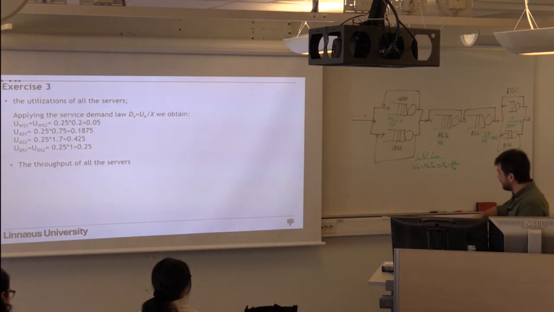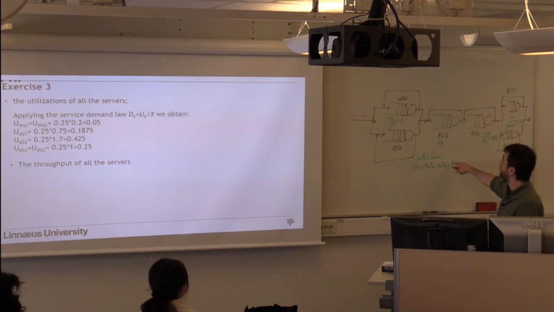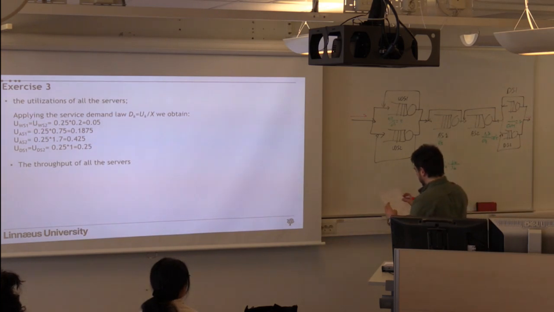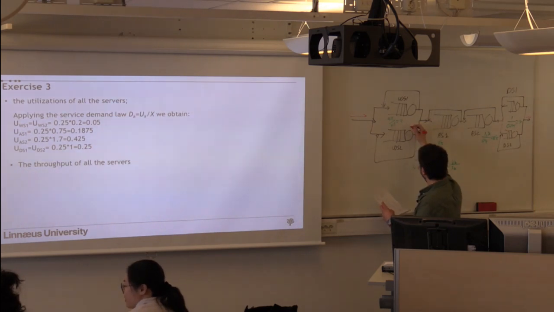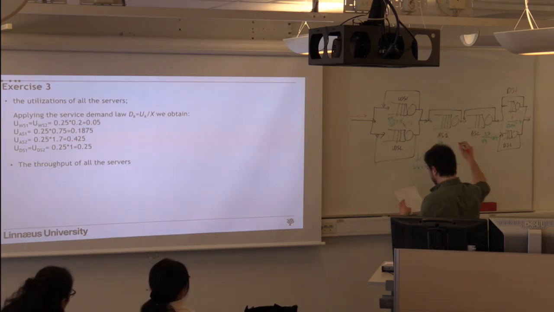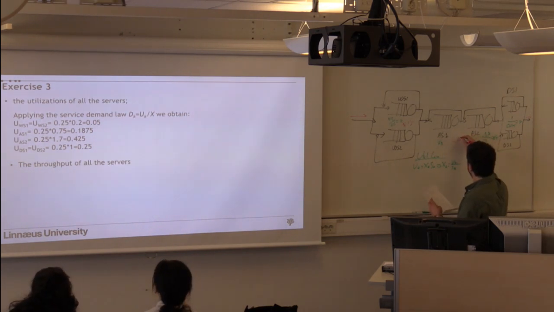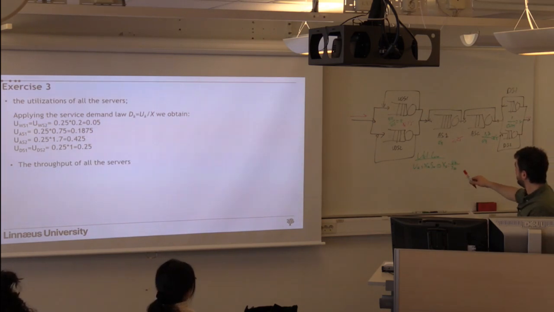So for the throughput, I'm going to use the red one, so I don't write the formula for each one. This would be 0.05 divided by 0.1, so the throughput of this would be 0.5. The next would be 1.25, which comes from 0.18 divided by 0.15.